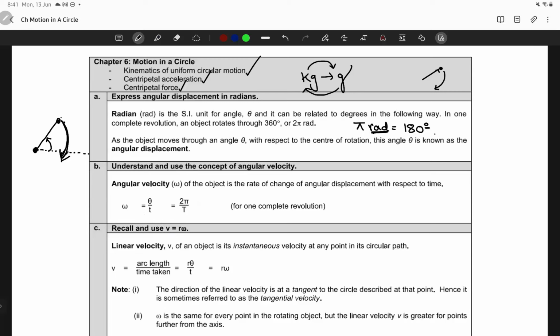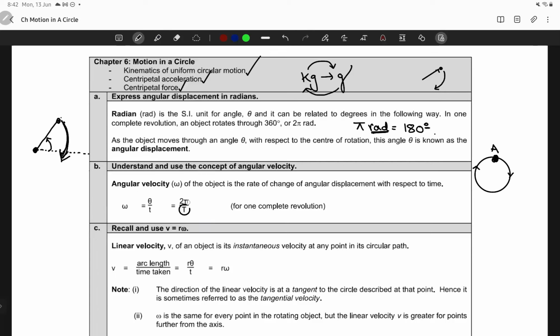Now, if you have one complete revolution, which just means that suppose it starts from this point A and moves in a circle and comes back to this point A, then that's one complete revolution. And for that, the angular velocity is defined as 2 pi over T, where T is the time period.